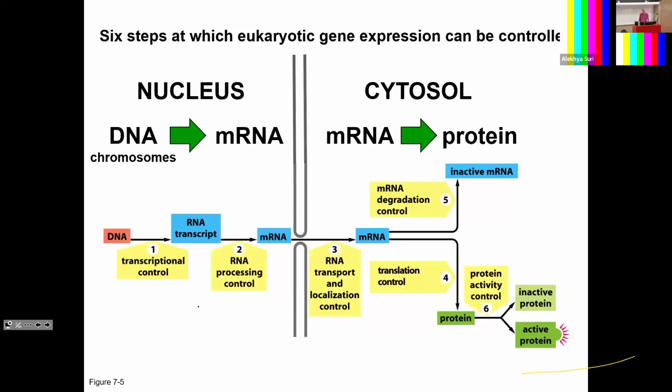There would be further control points. For example, messenger RNA can be damaged, can be degraded. Inactive messenger RNA will be degraded.